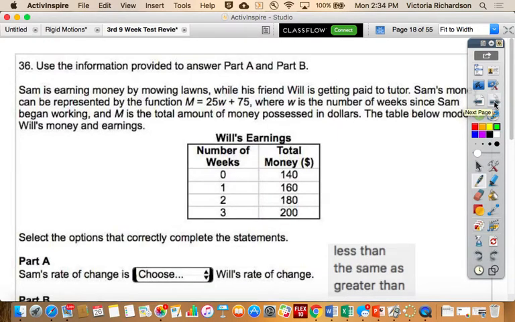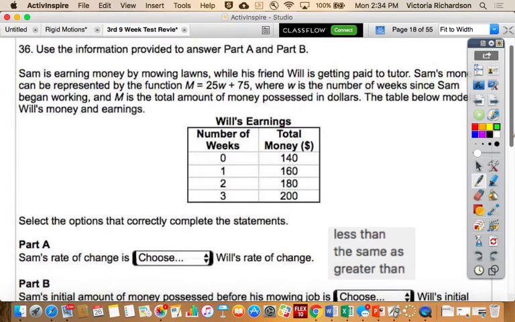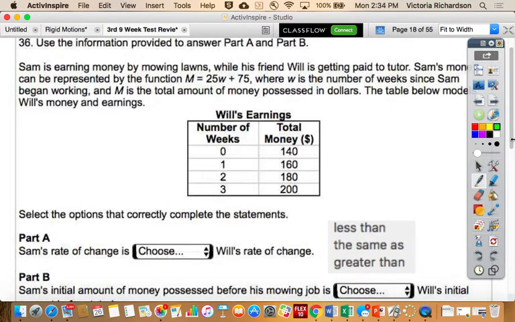Number 36, using the information, it says Sam is earning money by mowing lawns while Will is getting paid to tutor. So I'm going to compare Will to Sam. Sam's money can be represented by the function M equals 25W plus 75.